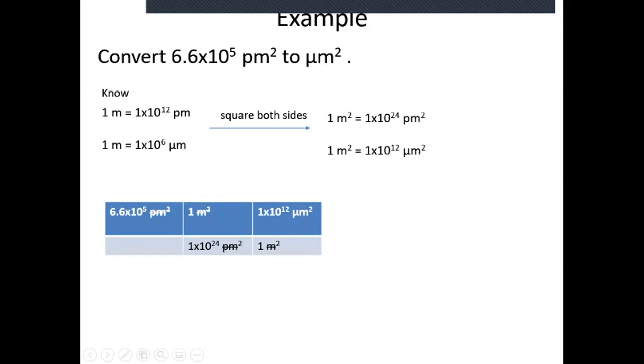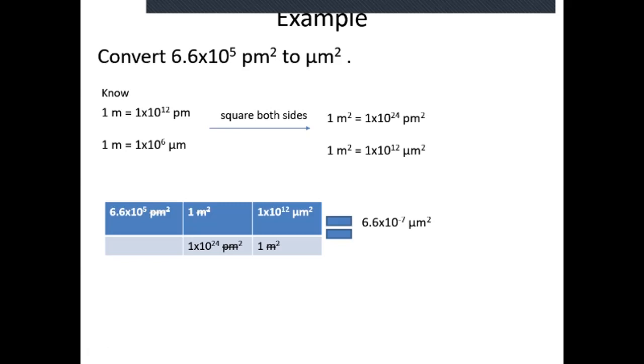So 10 to the 5th times 10 to the 12th is 10 to the 17th. And when you divide, you subtract exponents. Now you can do this in your calculator. If you do it in your calculator, make sure to use parentheses because it gives you the answer based on order of operations. And so the final answer here is 6.6 times 10 to the -7.